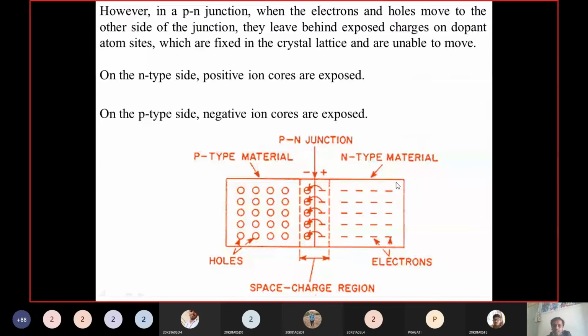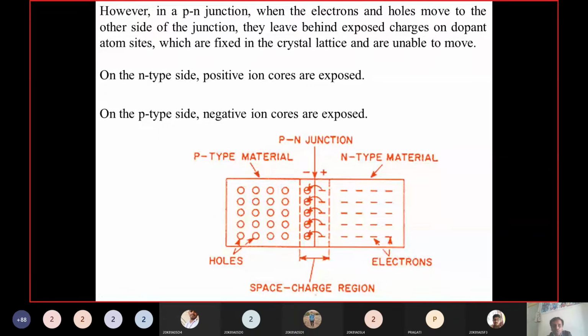So the electric field is produced due to these ion cores, and that electric field sends out whatever free carriers are inside this region. This depletion region, or space charge region, becomes charge free. That means carrier free. There are no free charge carriers inside the depletion region.